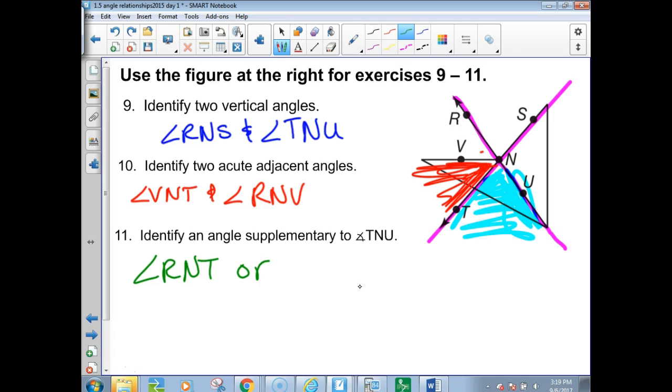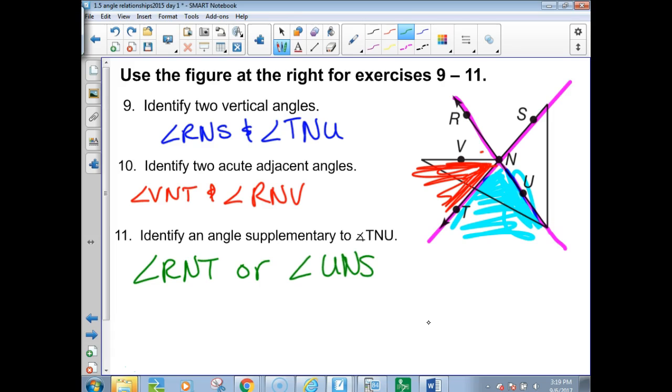Lauren? How are you doing? TNR. Yep, that works. That's the same as RNT. So you can just reverse the letters just fine. That is a good one. But I was going to get a different one. Oh, okay, Lauren. UNS. Yep. Yeah, good. You could go that way. Is that what you were going to say?